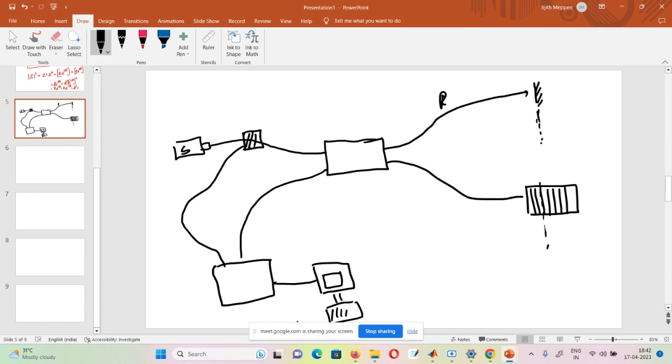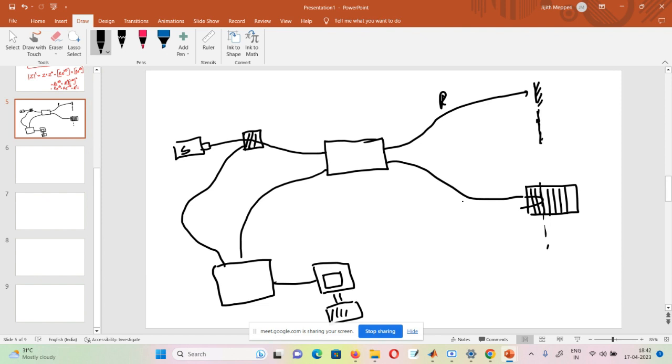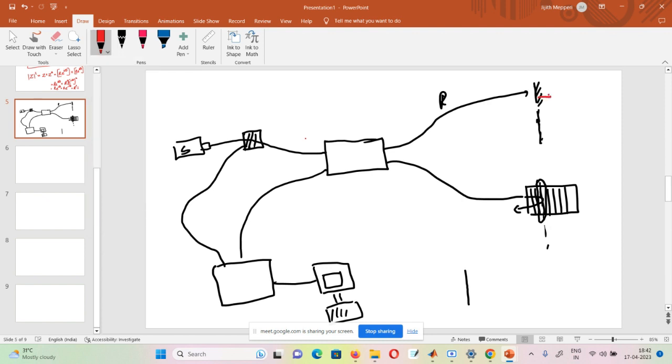If your mirror is at this position, making a particular path length which matches the light traveling in this one, you will get only the image of this particular plane. So you will create an image at that particular plane. What you will do then is move this mirror a little bit away.